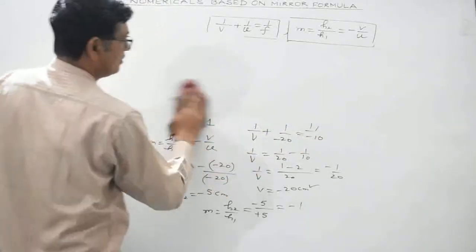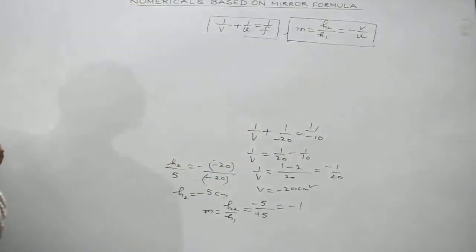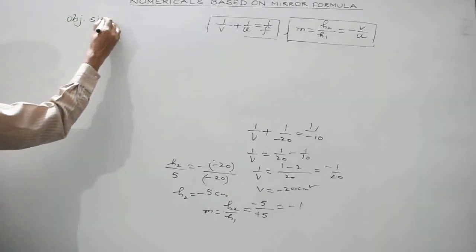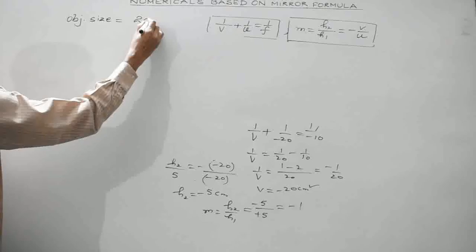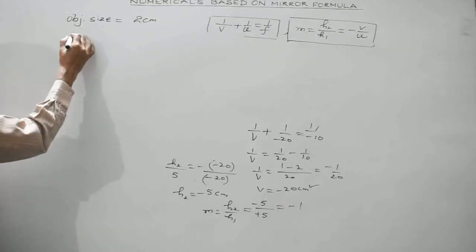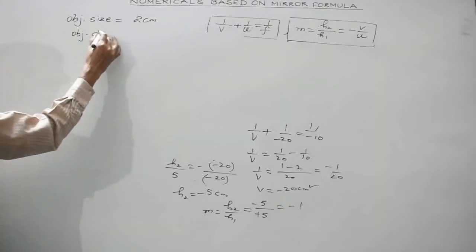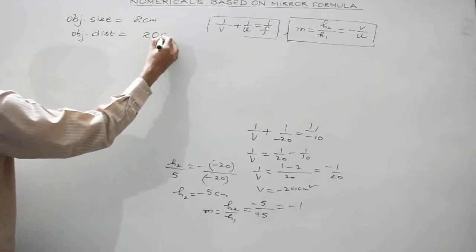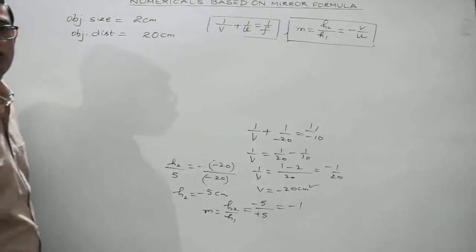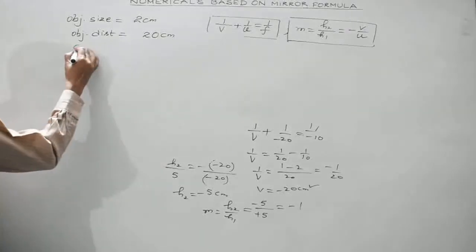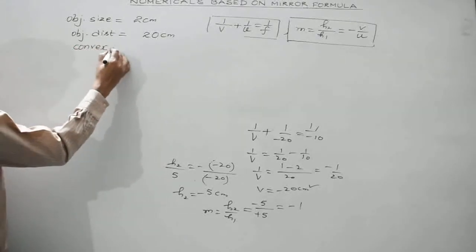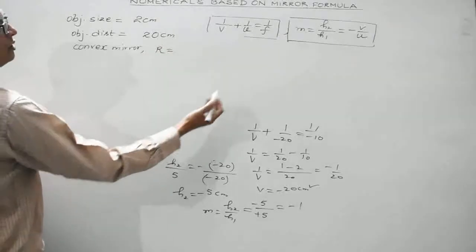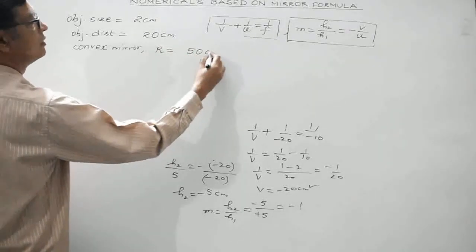An object of size 2 centimeter is placed at a distance of 20 centimeter in front of a convex mirror of radius of curvature 50 centimeter.